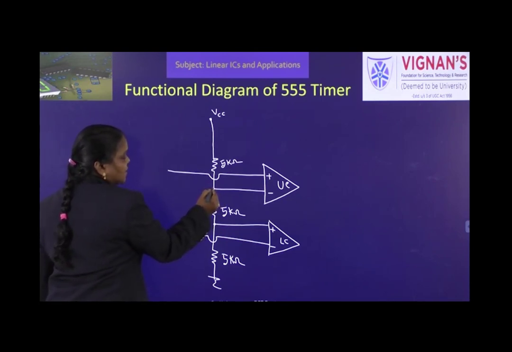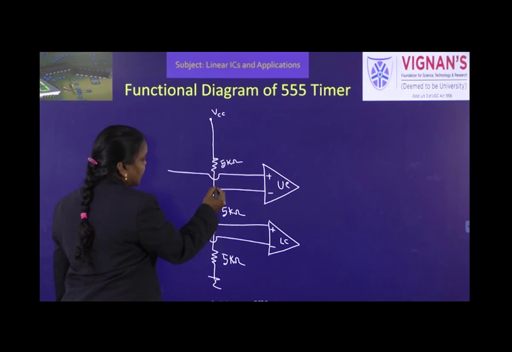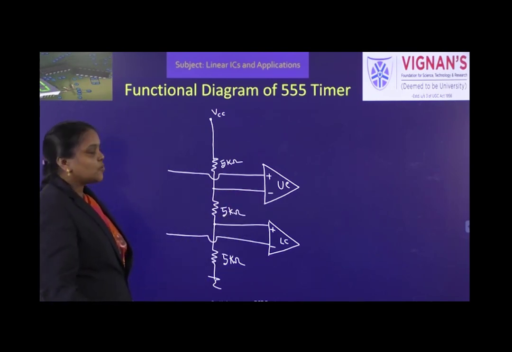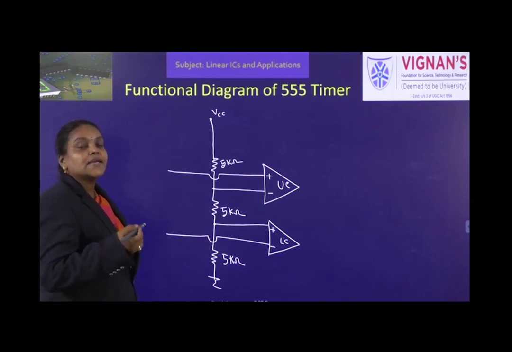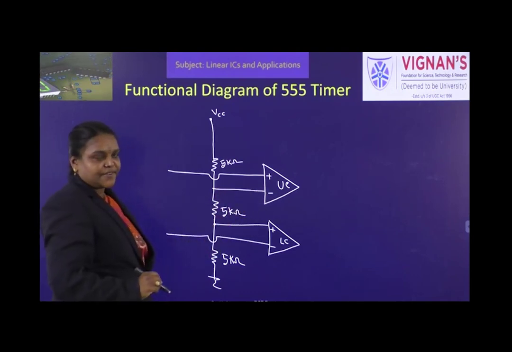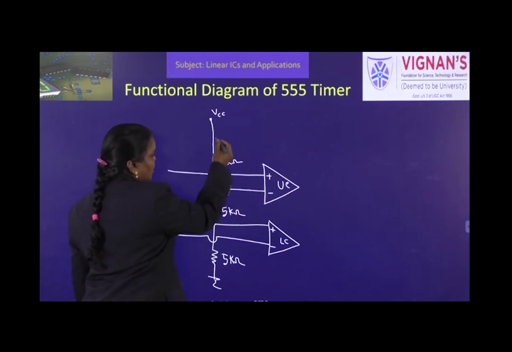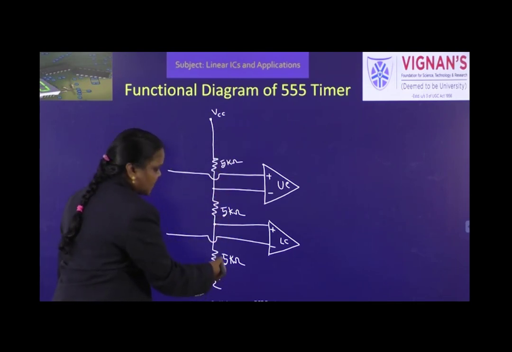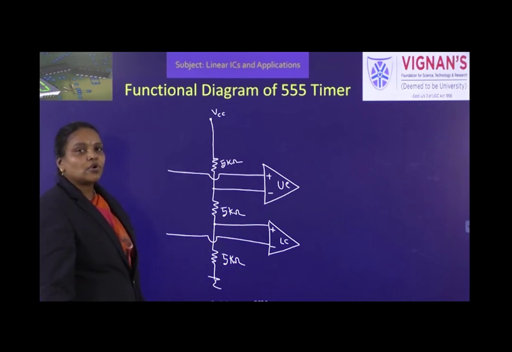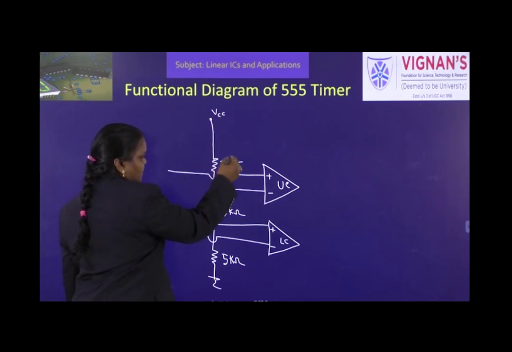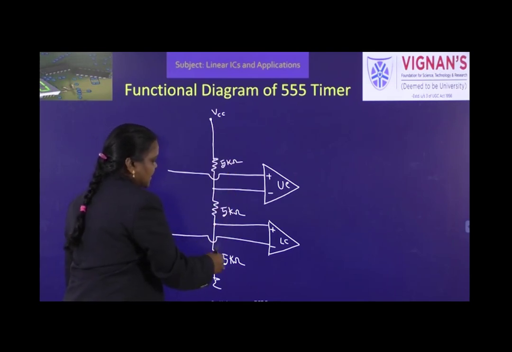If you see this point, it is a node joining 3 branches, but there is no current flowing into the operational amplifier, because ideally an operational amplifier has infinite input impedance. So whatever current flows through this 5 kilo ohm resistor, the same current will flow through this and this. All these 5 kilo ohm resistors are connected in series, so the same current is flowing. That means VCC is dividing equally among these 3 resistors.